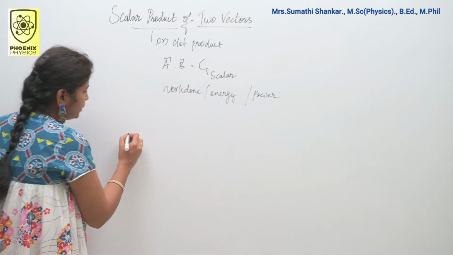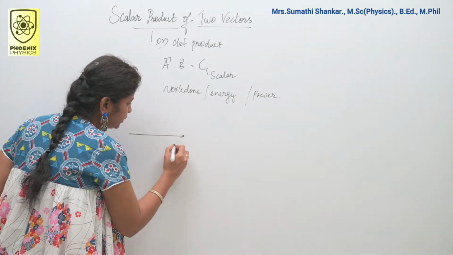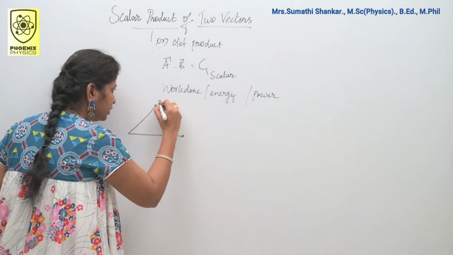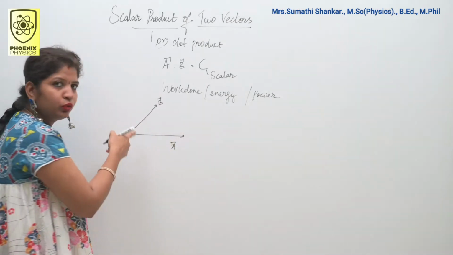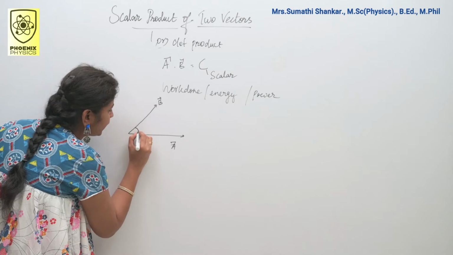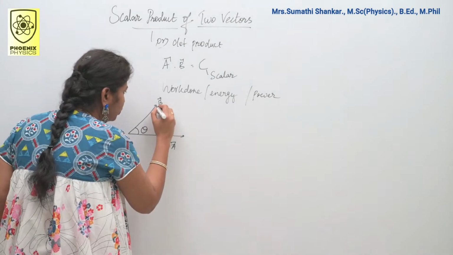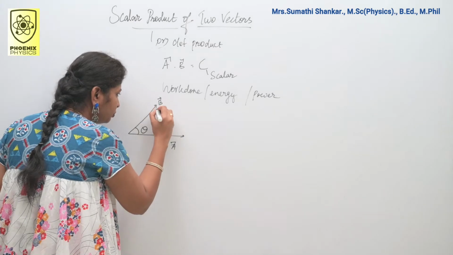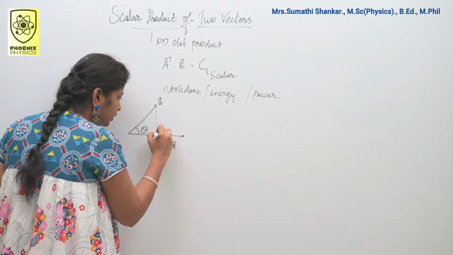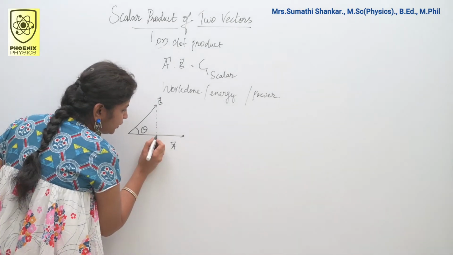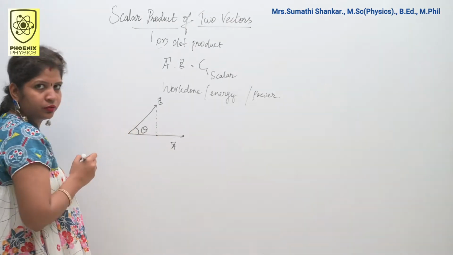For example, consider A vector and this is our B vector. These two vectors make an angle theta. Draw one perpendicular line from the B vector and this perpendicular line meets at this point.